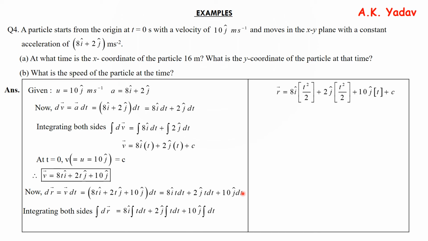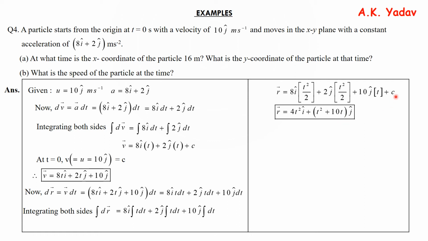Now the integration of dr is r, the integration of t dt is t square by 2. So what we get? We get r equals 8i t square by 2 plus 2j t square by 2 plus 10j t, because the integration of dt is t, plus the constant of integration c. So we can write r equals 4t square i plus t square plus 10t j.